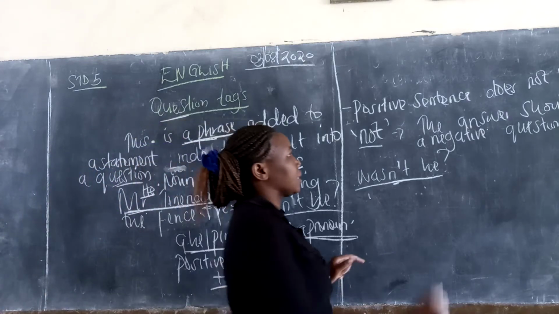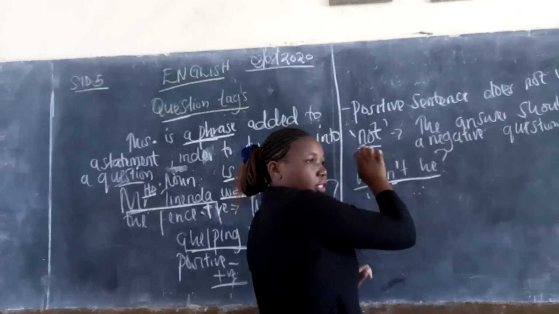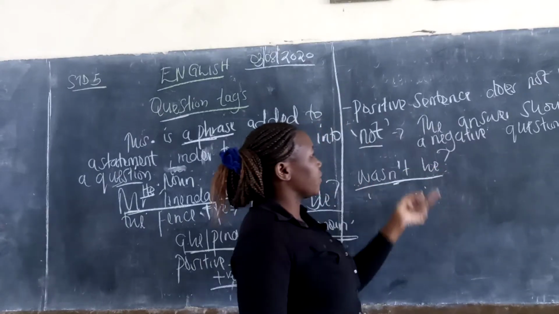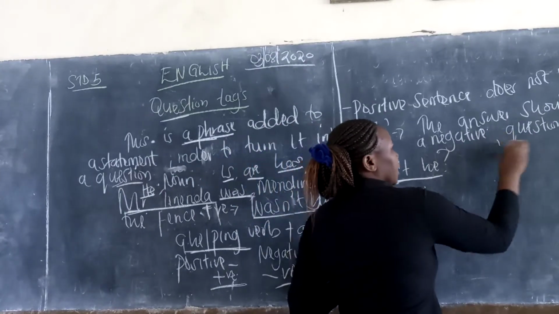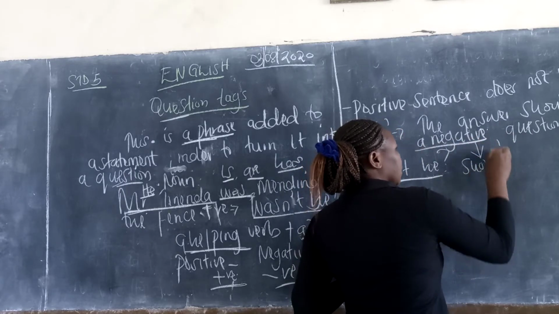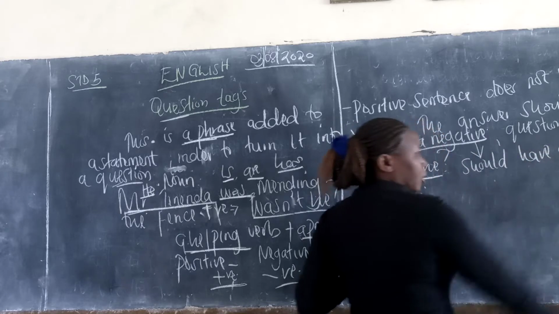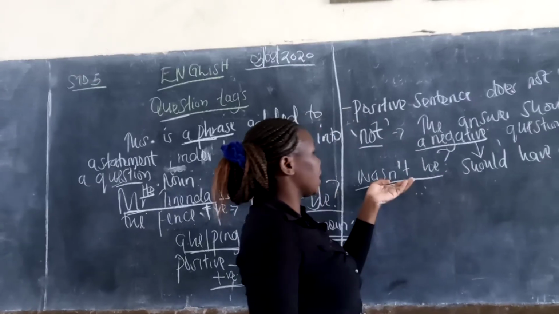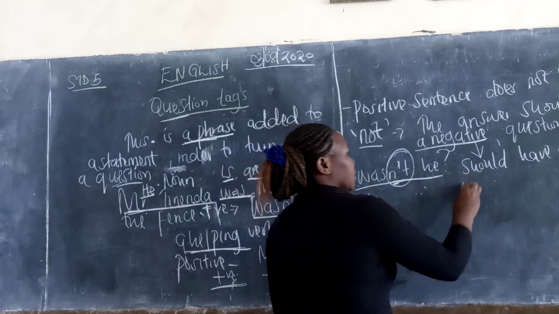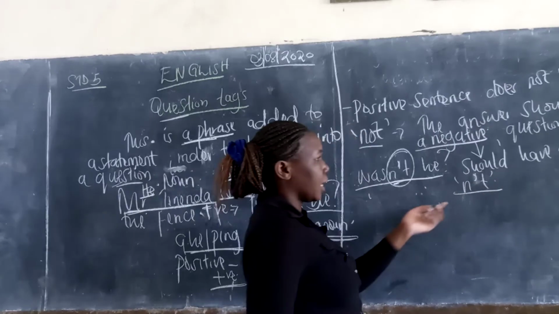A positive sentence does not have a not in it. So the answer should be negative, meaning it should have a not. And we do not say not, we put the short form of not, like that.